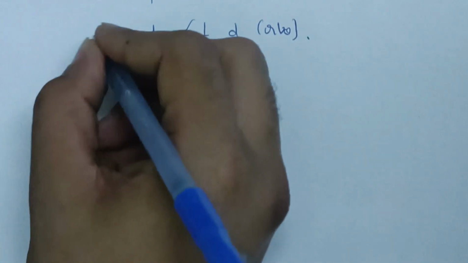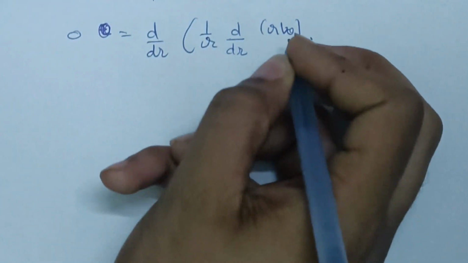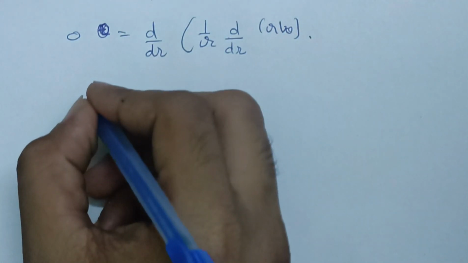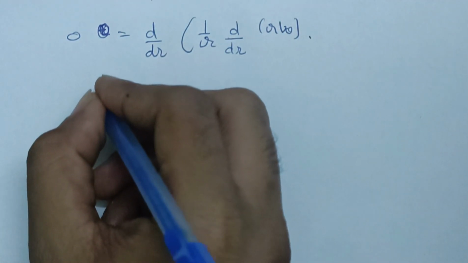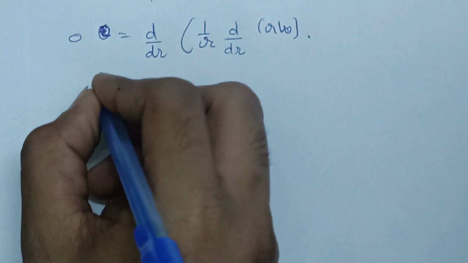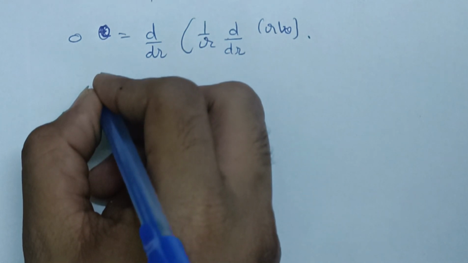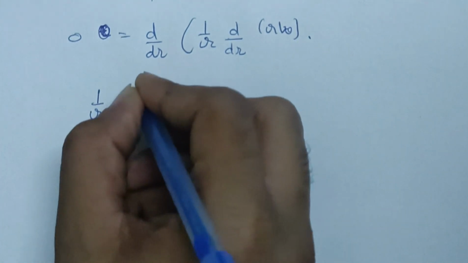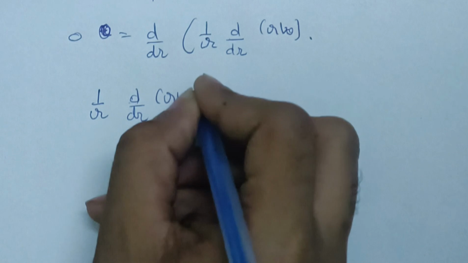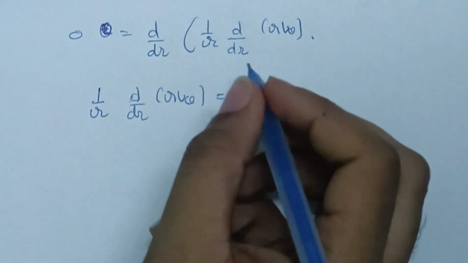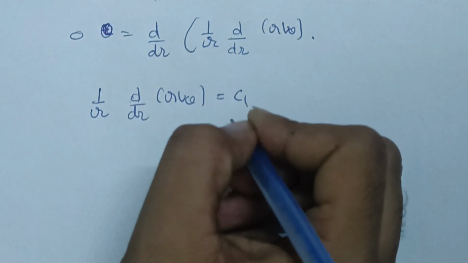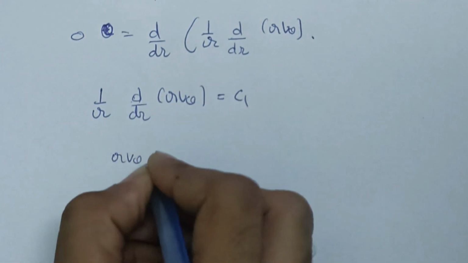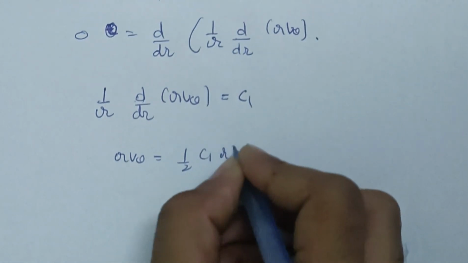By integrating, we will get 1 by r into d by dr of r v theta equal to a constant c1. Integrating again, we get r v theta equal to half c1 r square plus c2.